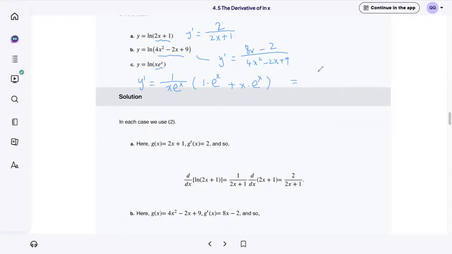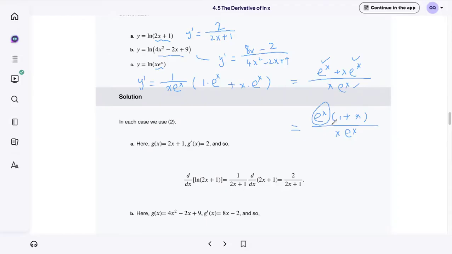Then we simplify, we get e raised to x plus x times e raised to x, divided by x times e raised to x. This can be simplified further because every term has e raised to x, so we can divide by that: 1 plus x divided by x times e to the x.